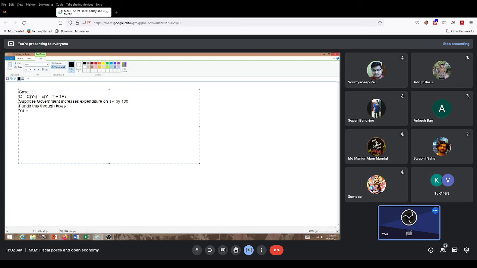So YD is equal to the original YD. So consumption is the same and BBM is equal to dY, equal to 0. dY doesn't change.